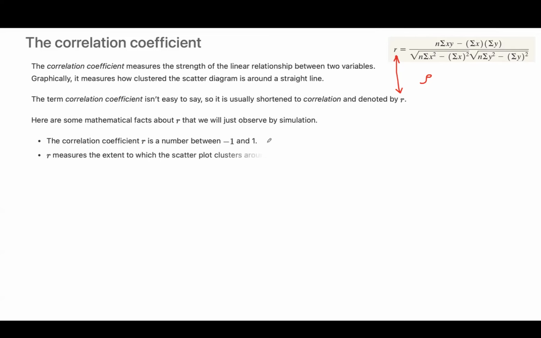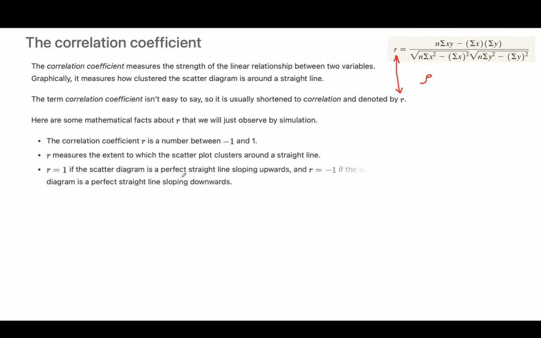As we discussed before, the correlation coefficient R measures the extent to which the scatter plot clusters around a straight line. R is equal to 1 if the scatter diagram is a perfect straight line sloping upwards, and R is equal to -1 if the scatter diagram is a perfect straight line sloping downwards.